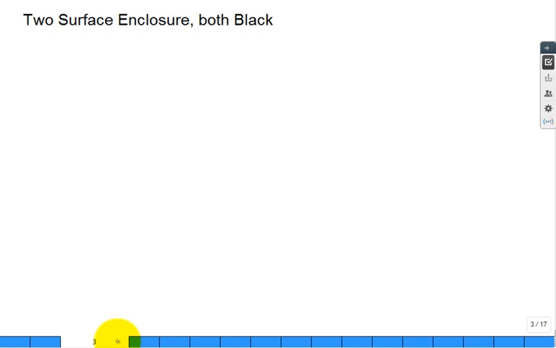So we have 2-surface enclosures. Both surfaces are black. So you can put a surface like this, and you can put another surface like that. So this would be surface 1 and this would be surface 2. And if you were interested in the transfer between them, then you'd probably put out a network.